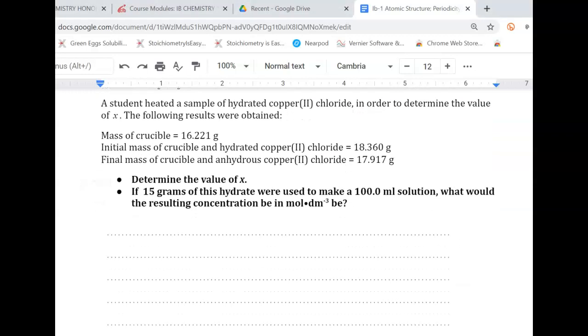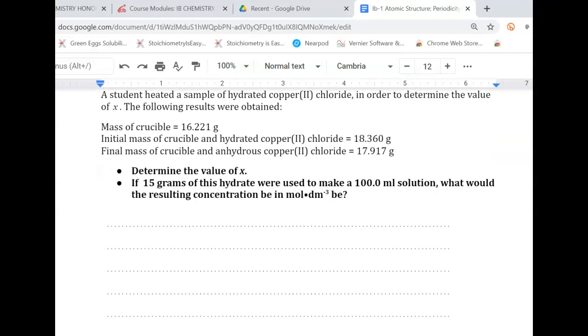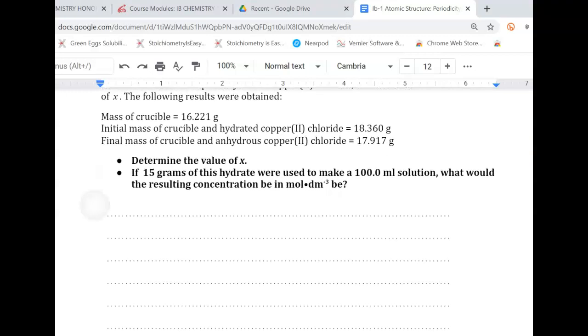Okay, our final question. The student heated a sample, and here's the following information. We want to know what X is. That means we're finding the number of moles of water. The first thing we need to do is find the mass of the hydrate.